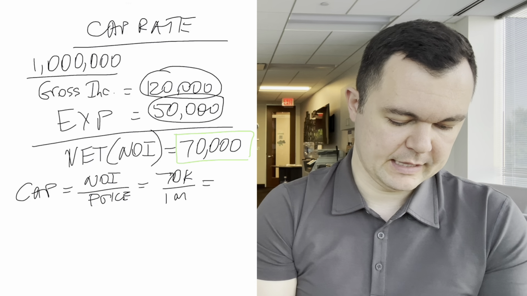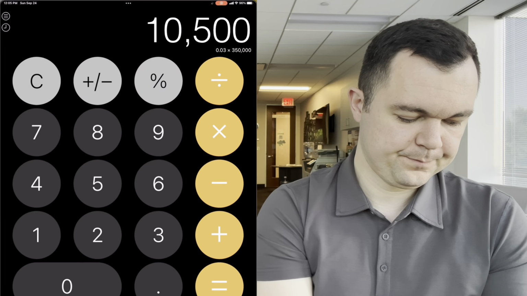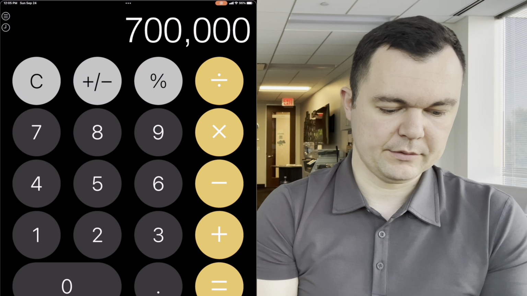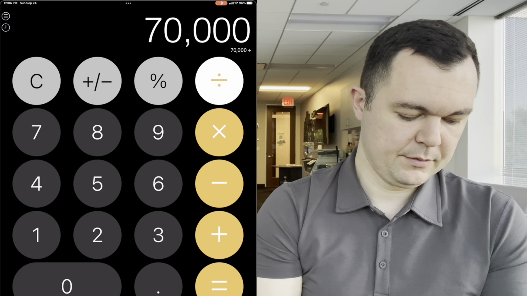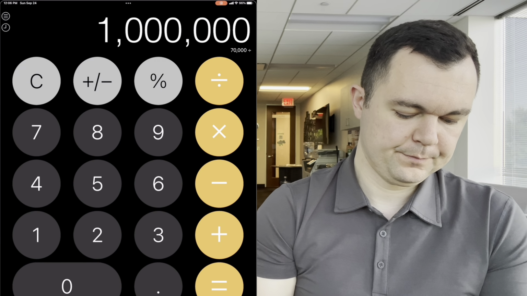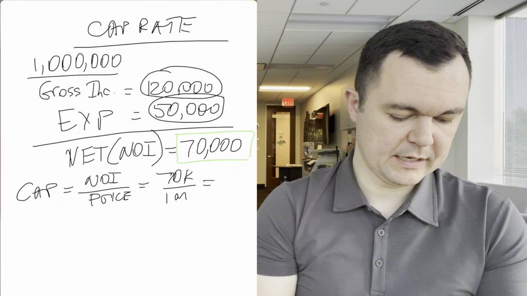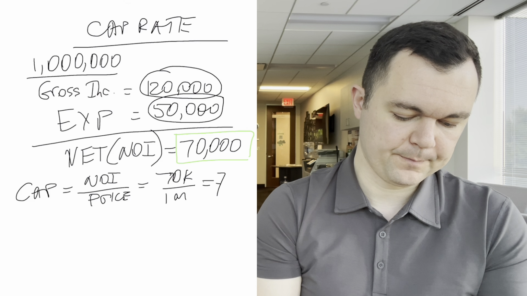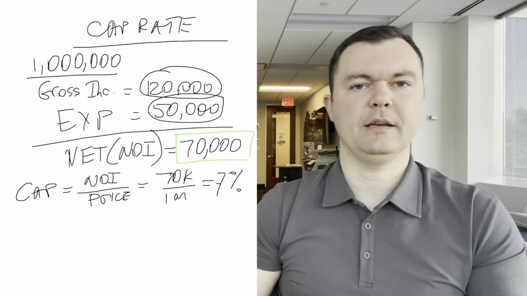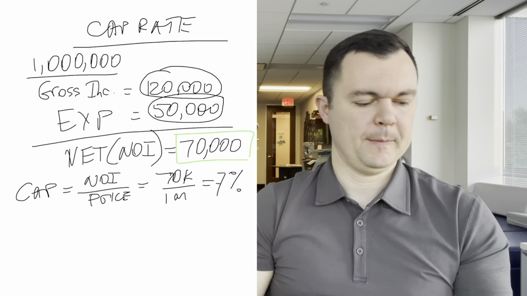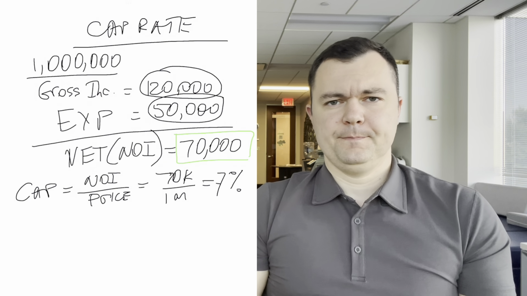How much is that? If we divide 70,000 by 1 million, that equals 7%, which I could have done without a calculator, but I wanted to show. 7% cap rate.